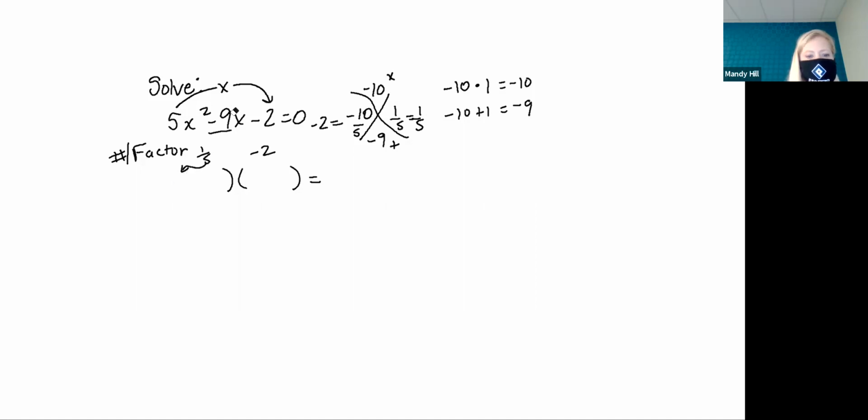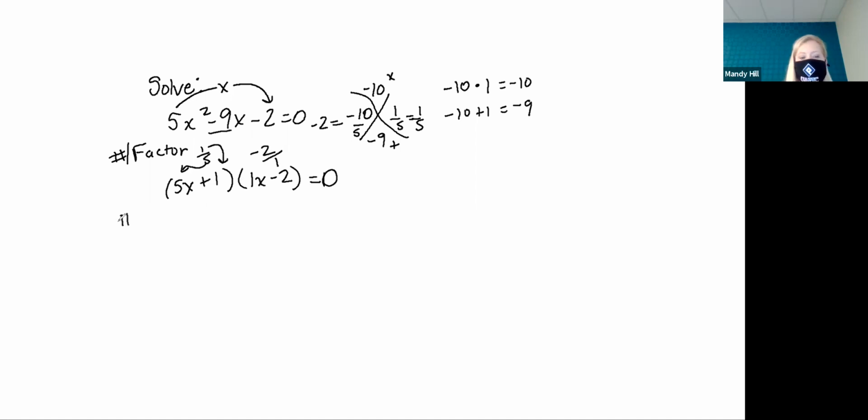You put the 5 in the front with your x, or whatever your variable is, and you put the 1 in the back. Negative 2 is not written as a fraction, so you might want to write it as a fraction. The 1 would go in the front with the x, the minus 2 goes in the back, and that's supposed to be equal to 0. So we have factored it.